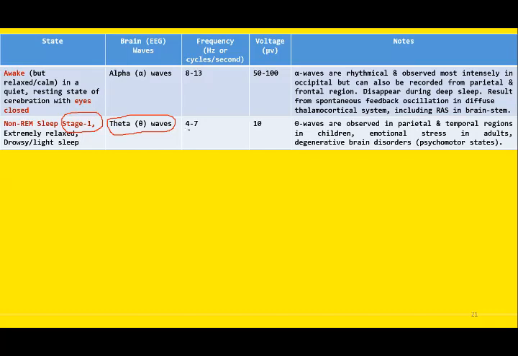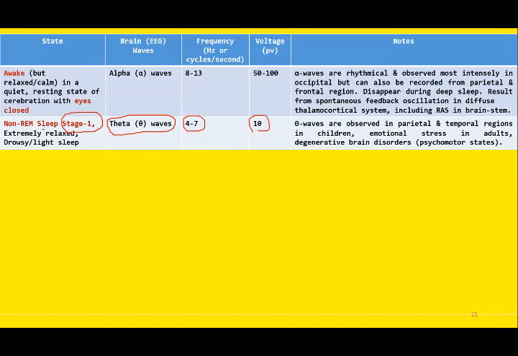And the frequency, if you compare it with the alpha wave, is slightly less. And the voltage, the amplitude, is extremely low. So these are low voltage, low frequency wave patterns usually observed in light sleep or drowsy sleep. That is stage 1 of non-REM sleep.